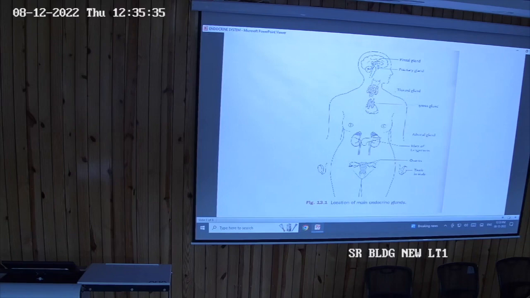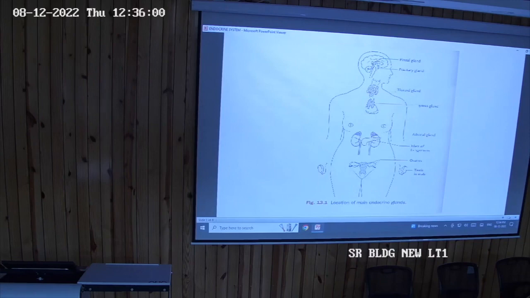Then the condition in which the thyroid gland is very actively acting is hyperthyroidism, and it is called thyrotoxicosis. Thyrotoxicosis, that is hyperthyroidism.